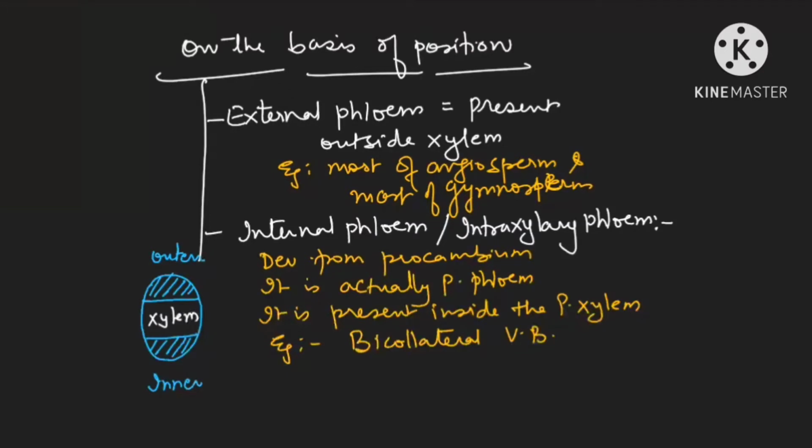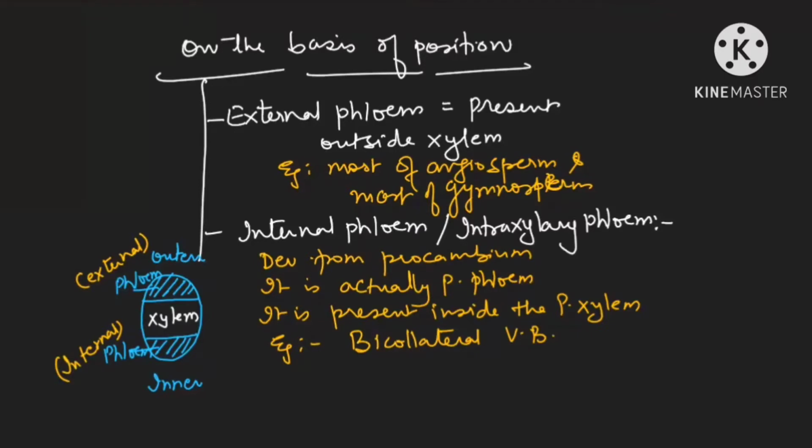This phloem is present on the outside, but this phloem is present on the inside. So that is why you call this external phloem, and this is known as internal phloem. Internal phloem will be present in the bicollateral vascular bundle.